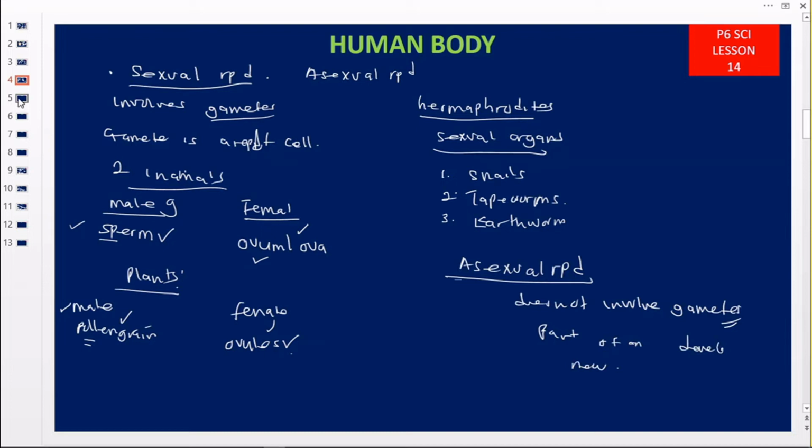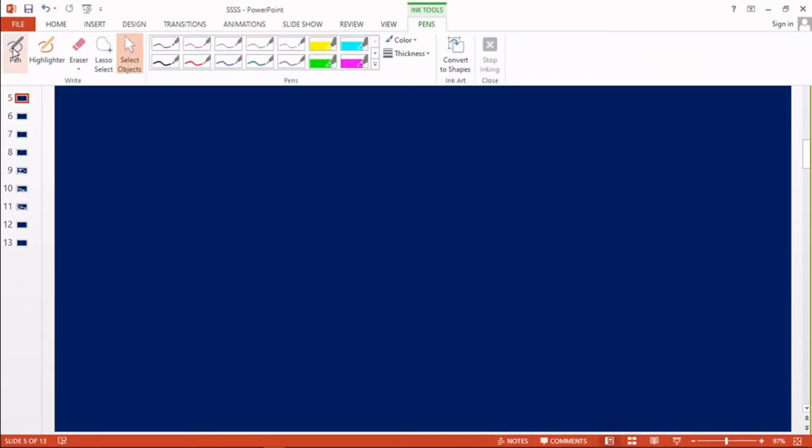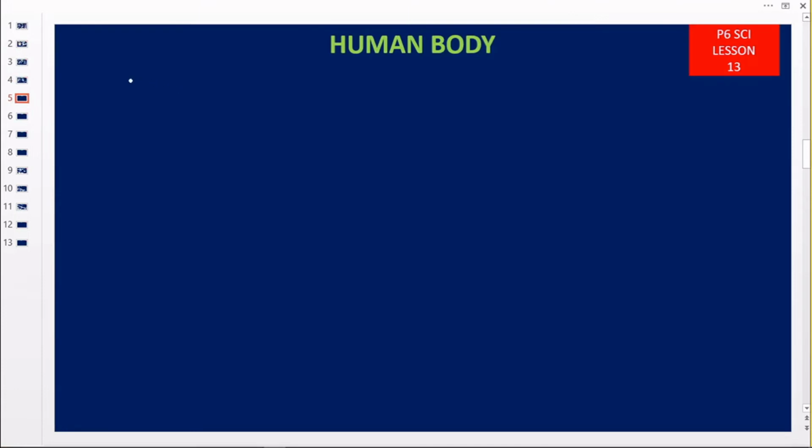Okay, let us get here another chalkboard. Just a part of an organism develops into a new individual. Let us take some examples of asexual reproduction so we understand this. The best example is binary fission. Binary fission means dividing into two, and this is commonly seen in bacteria.